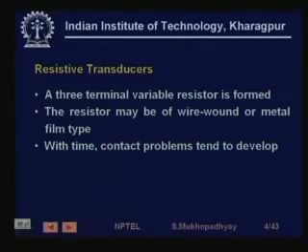Now naturally, since there is a point which has to constantly move on this resistance, this resistance can be either a wire wound type, where many turns of a thin wire are wound on some former, so that if you have a small displacement, you will have a small resistance change.